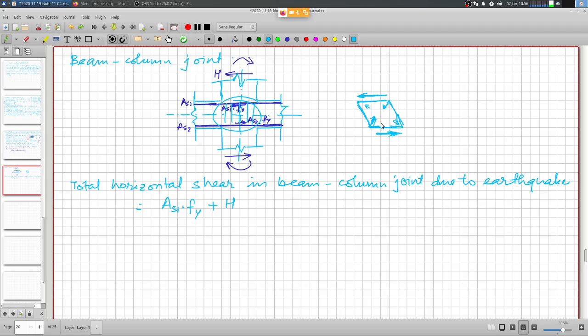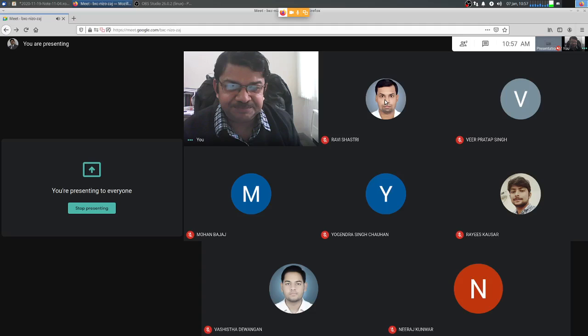If this panel zone buckles, then everything is gone. So we need to ensure that we have sufficient capacities, and we will try to rush through those basic provisions and guidelines, and that will be the end of this course, hopefully next week. So, any questions?